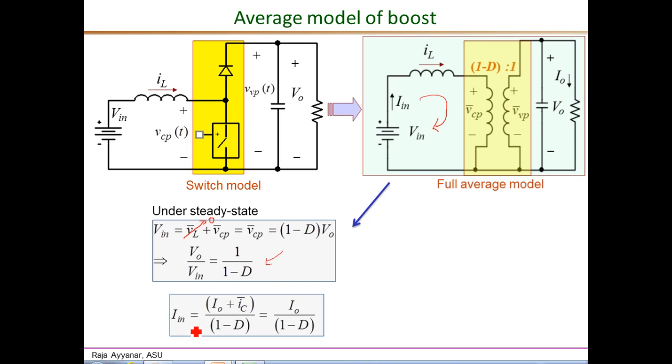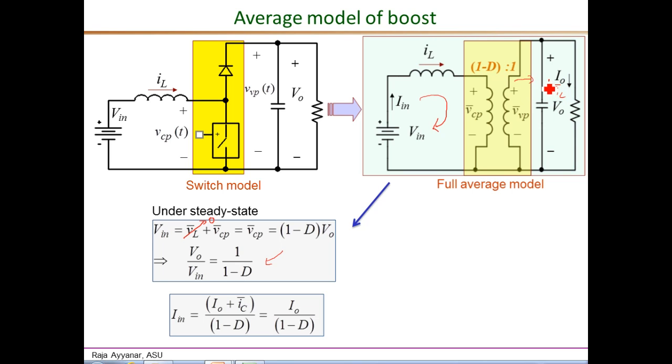Similarly, we can also derive the current relationship between the input and the output. For that, we'll start with this primary side current. If we define IC like this, this is IC bar.